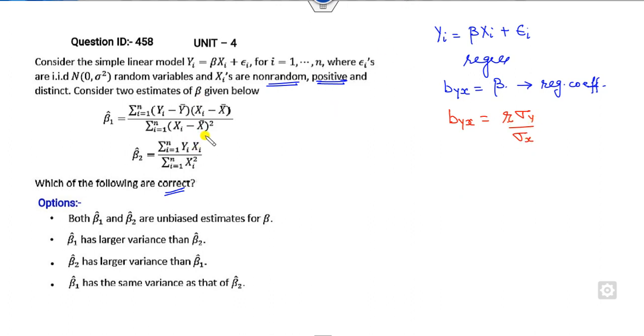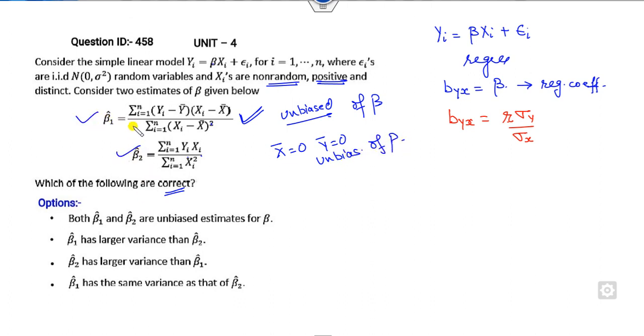Now if you look at that, this is the correlation, that's fine. So we all know that this is the unbiased estimator of this beta. Also, this is a special case of this when x bar is 0 and y bar is 0. So it means this is also an unbiased estimator of beta. That's a standard result.